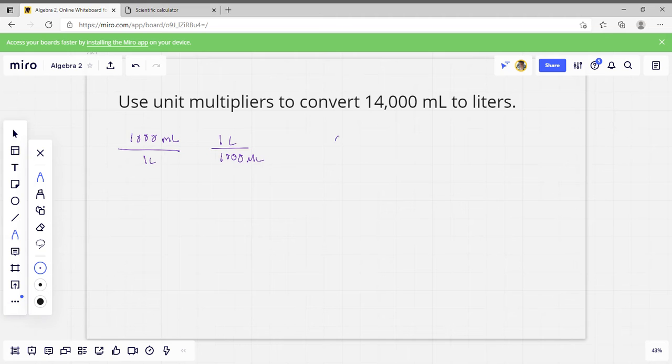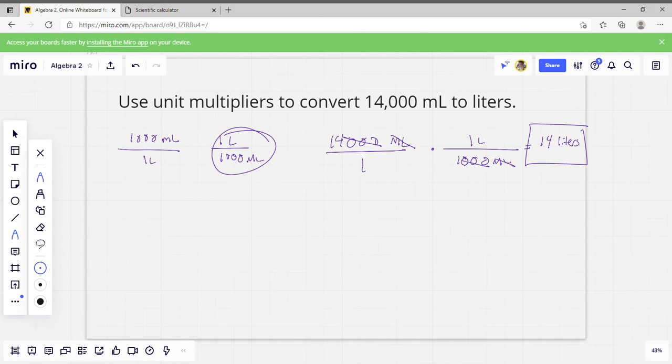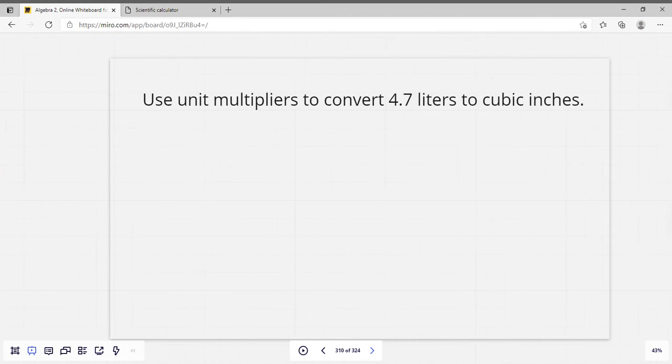If we've got 14,000 milliliters over 1, we're going to want to use this one because it has milliliters on the bottom. Milliliters cancel, and then we can cancel off 3 zeros, and we're going to get 14 liters. That doesn't say cubed on it, so we don't have to use 3 unit multipliers. Those are both volume already.